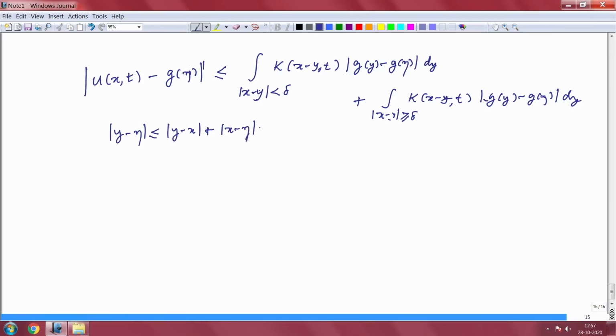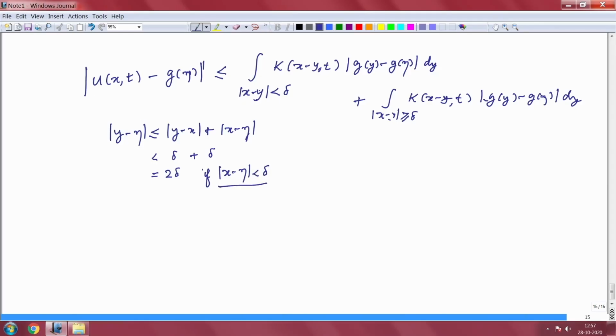If I also take x within a delta neighborhood of eta, that is fine, since we are going to take the limit as x tends to eta.